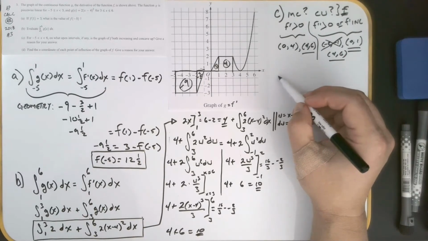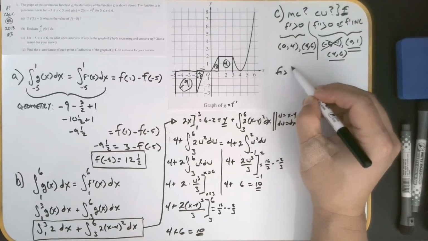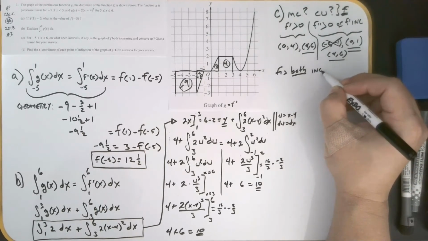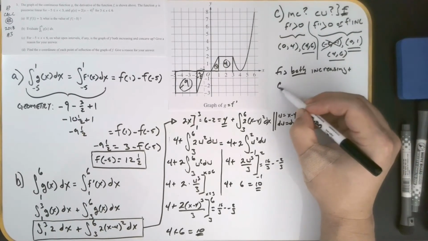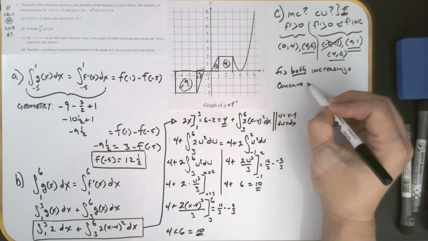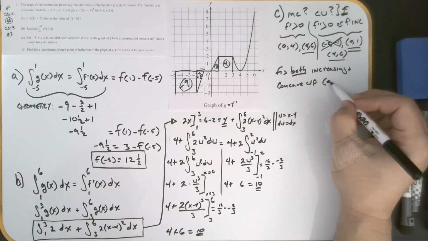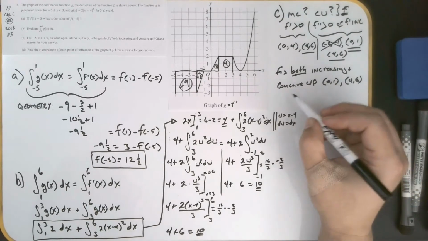I would just put it in interval notation, and I would say f is both increasing and concave up on the intervals 0 to 1 and 4 to 6.